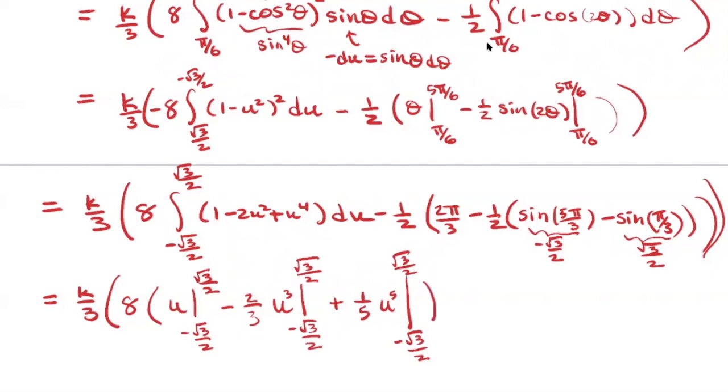Close off that. I'm going to do you a favor right now and just say minus 1/2. Trust me, you're going to get 2 pi over 3, no kidding, and minus root 3 over 2. You subtract, you just get negative root 3, but then it's times another 1/2.